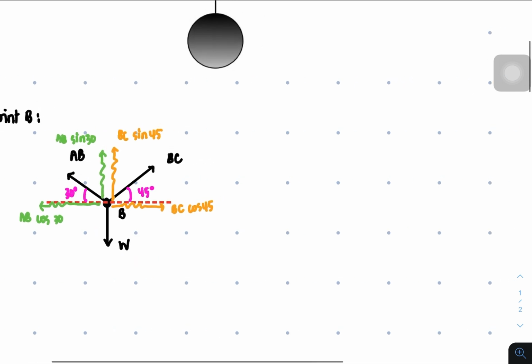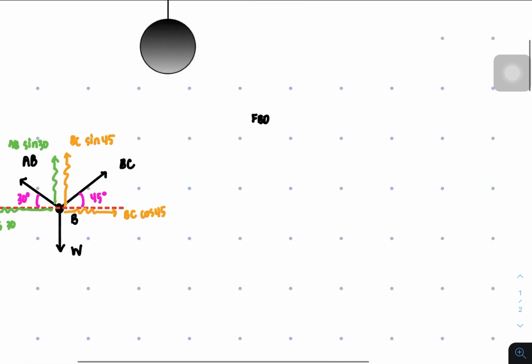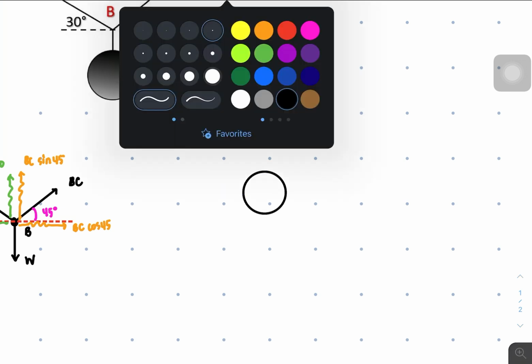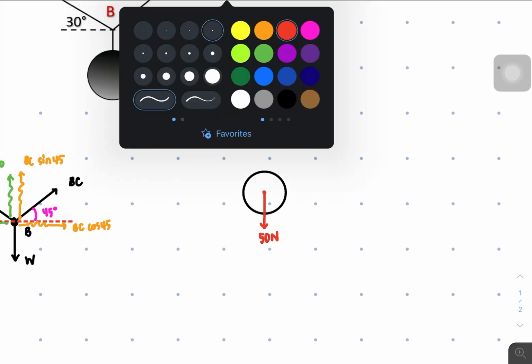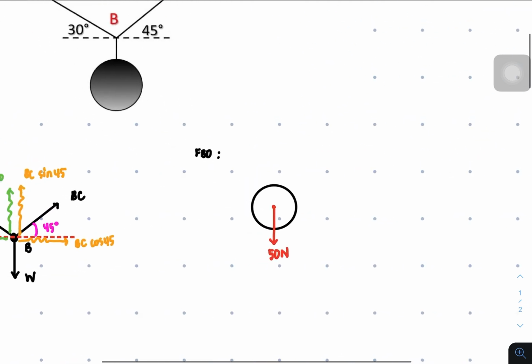For the W, we need another free body diagram. By the way, this joint B is a free body diagram. So another free body diagram that involves only the circle or the weight. According to the problem, it has a weight equal to 50 newtons, and this sphere, or the object, is supported by a cable, and that cable is adjacent to point B here.